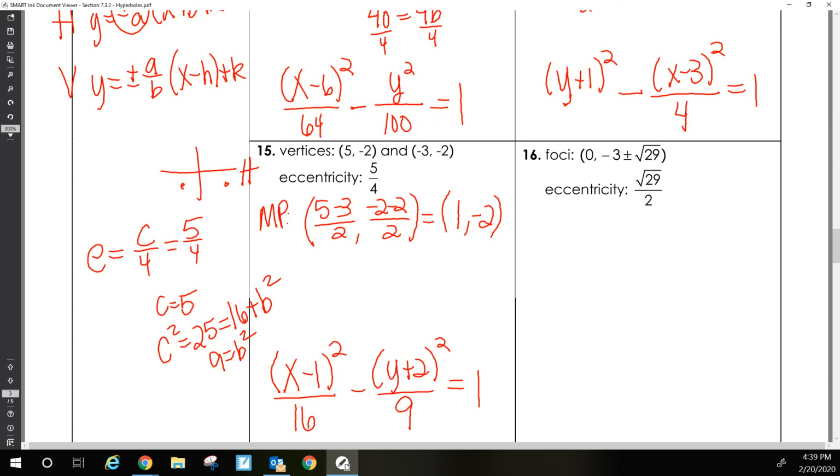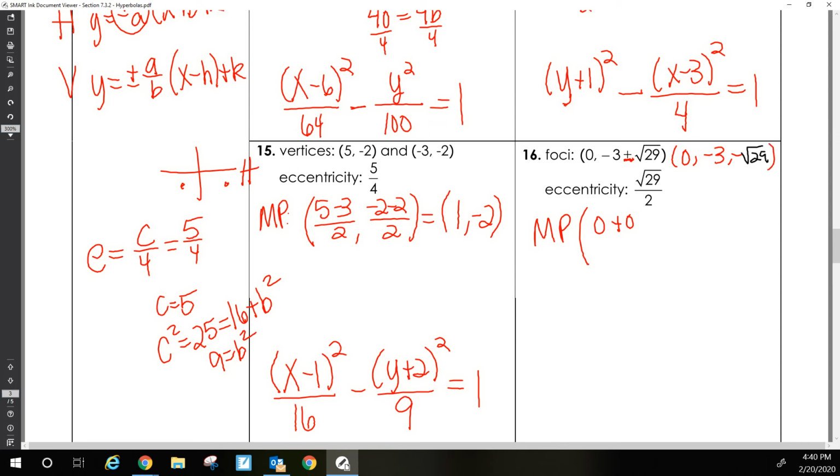All right, we've got foci and eccentricity. What is halfway between our foci? The center, same thing. So halfway between 0 plus 0, remember these are 2 points, one of them positive, one of them negative.